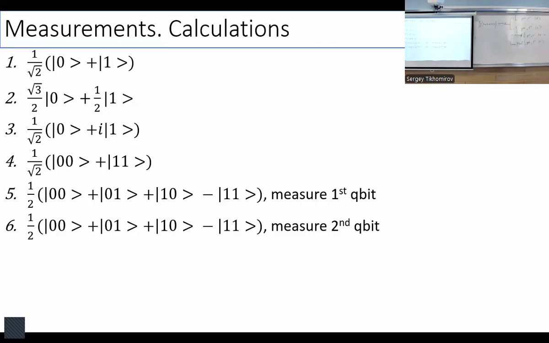So the same as the first one. The measurement of the first and the third is the same, even though they are not equivalent. But the measurement is the same. Okay, we practiced this for 1 qubit.